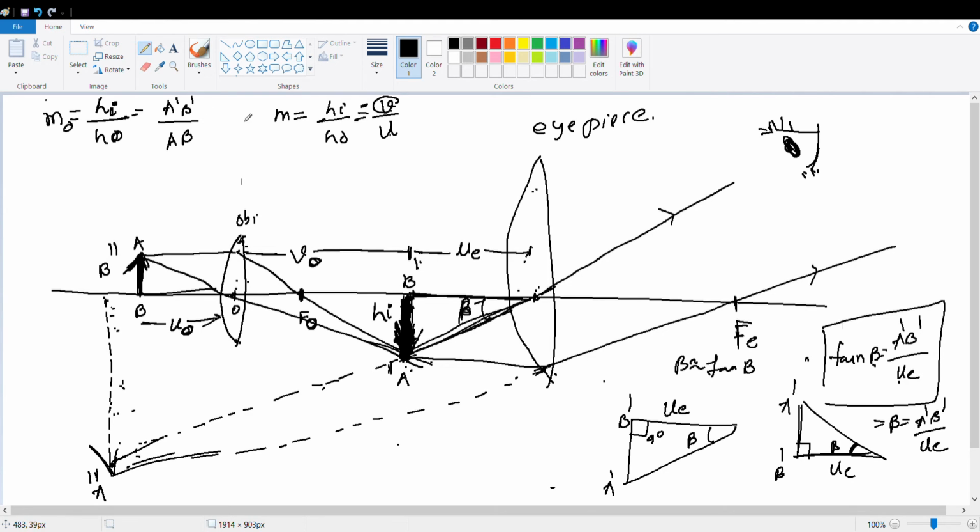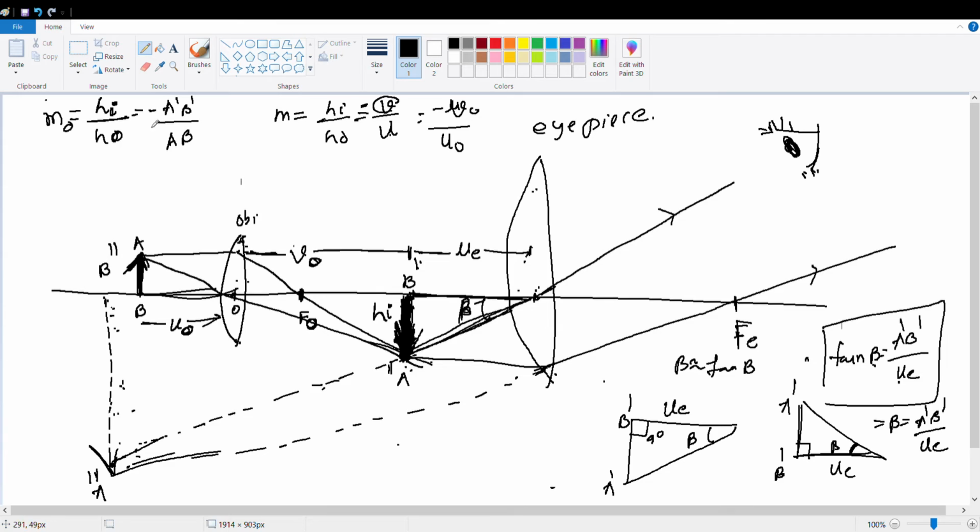So what is the image distance here? V naught. And what is the object distance here? U naught. And this also has a minus, because they are opposite.